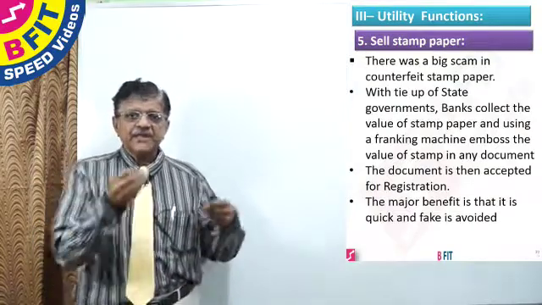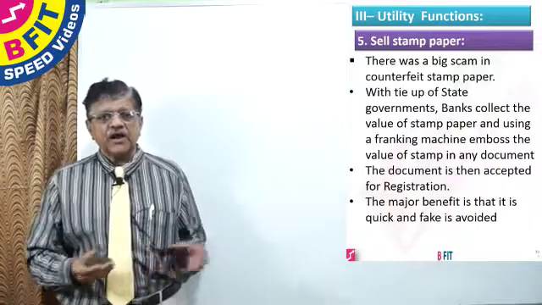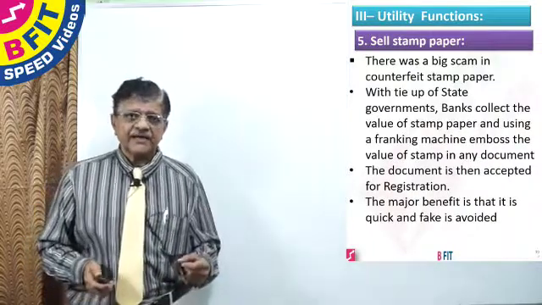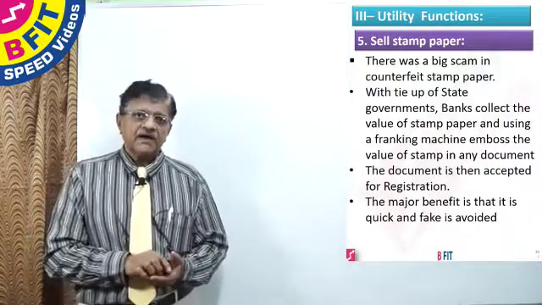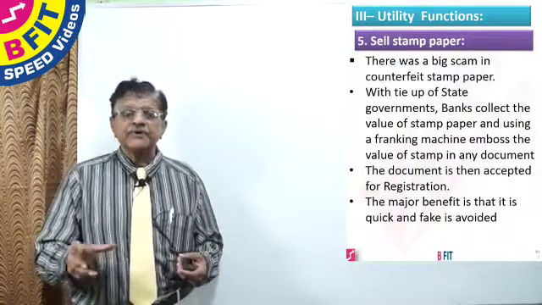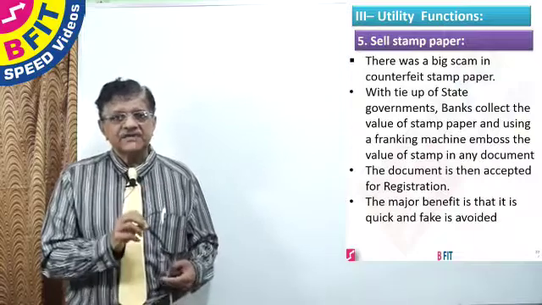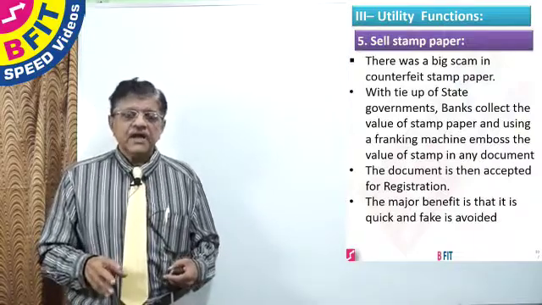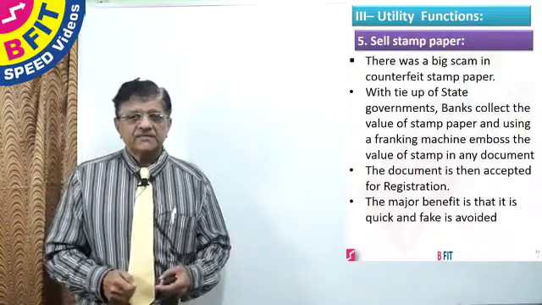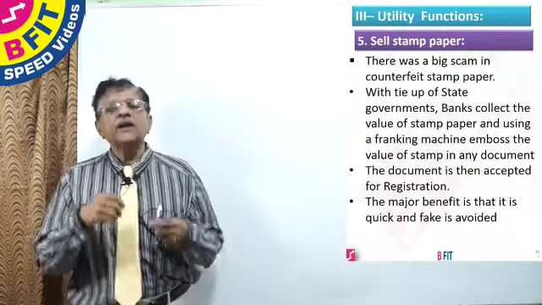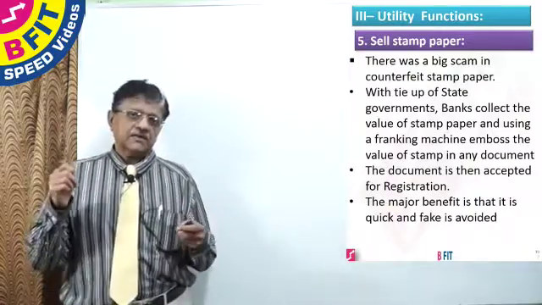This 8 lakhs you can debit from your account or send directly to the bank, and the bank will affix the franking stamp on the document for having received 8 lakhs by way of stamp fee. Then this document will be given to the registrar, who will register it.